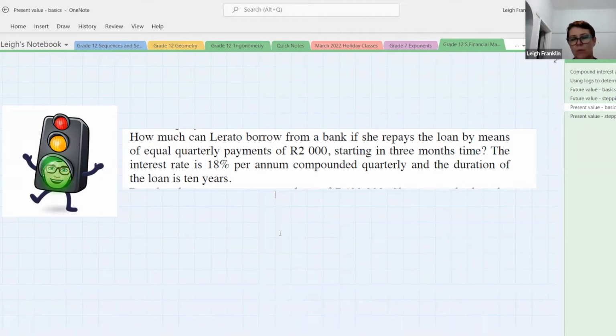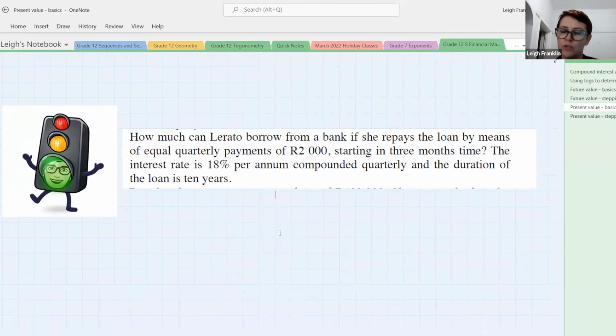Right, so remember, when we use the present value formula, there always has to be a gap of 1. Now, 1 what depends on the question. So if you are paying the loan monthly, then there has to be a gap of 1 month between when the loan is granted and when you start paying it. If you are repaying the loan quarterly, then there has to be a gap of 1 quarter until you start repaying it.